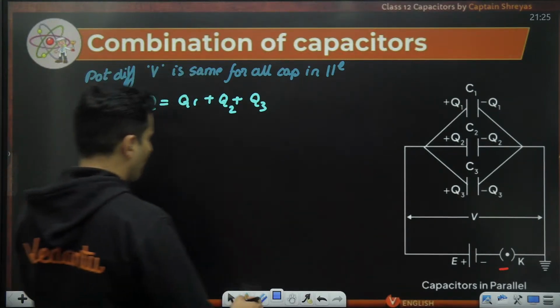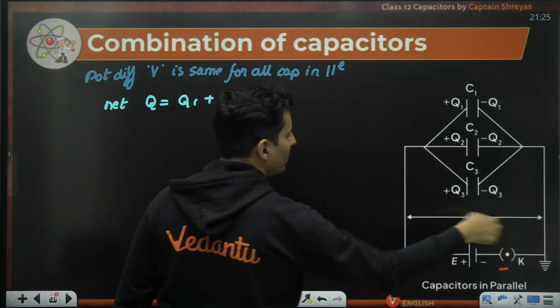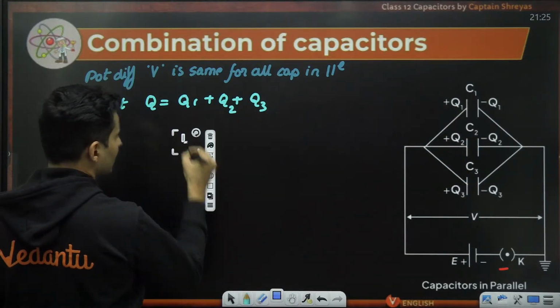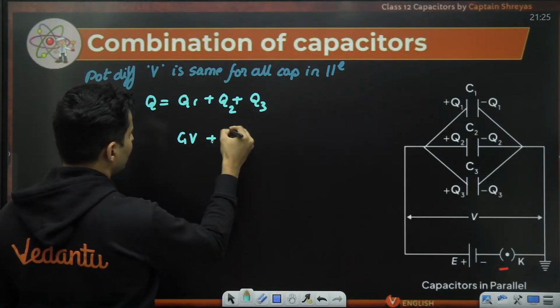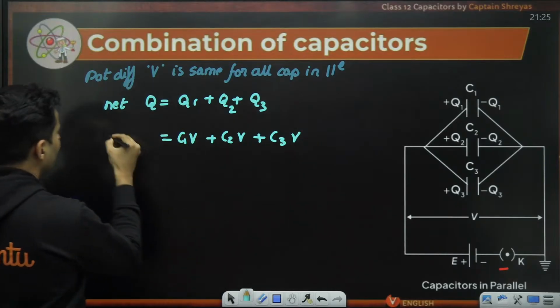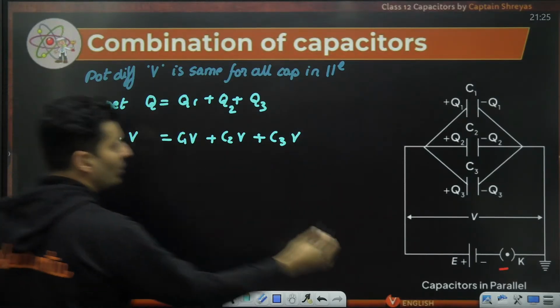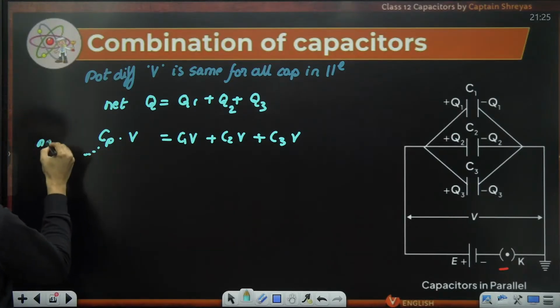Let's try it out. Q is nothing but this charge is capacitance into that voltage. So it will be C1 into V. This will be C2 into V. This will be C3 into V. This will be Cp into that same voltage. If I replace all these capacitors with one single one, this is the net effective capacitance.